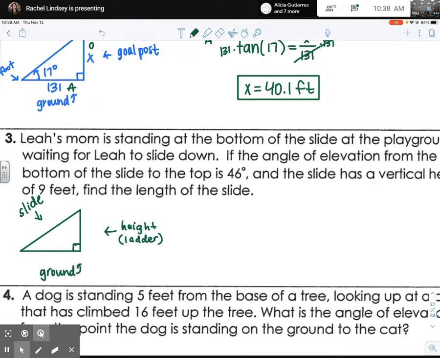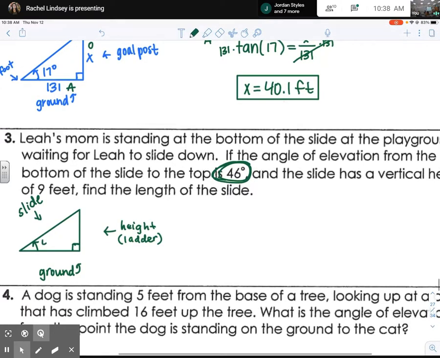So, now that I have my picture and I know what the sides of my triangles are, now I can label them. So it says we have an angle of elevation from the bottom of the slide to the top. The bottom of the slide to the top would be right here. So that's my angle of elevation.